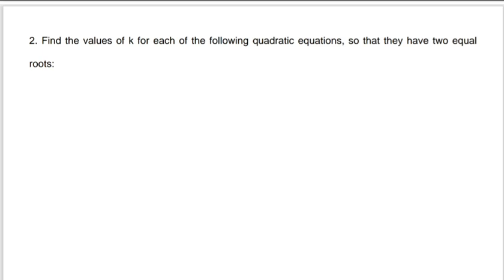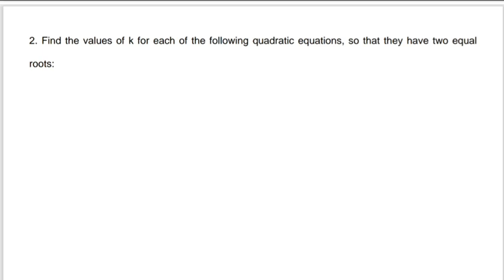Second question: find the values of k for each of the following quadratic equations so that they have two equal roots. So there's a quadratic equation, and we should find the value of k such that each case has the same condition, that is, they have two equal roots.